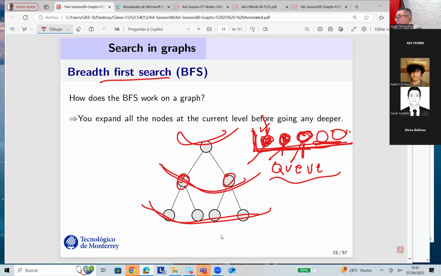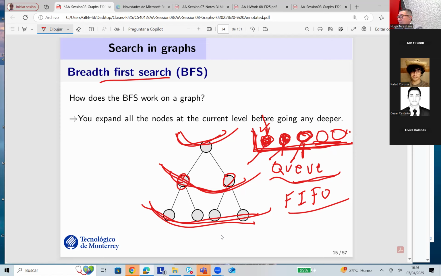Third in line, third served. So this is a queue, right? In terms of computer science, first in, first out, right? Does that make sense to you? So we are using a queue to represent the breadth first search here, right?